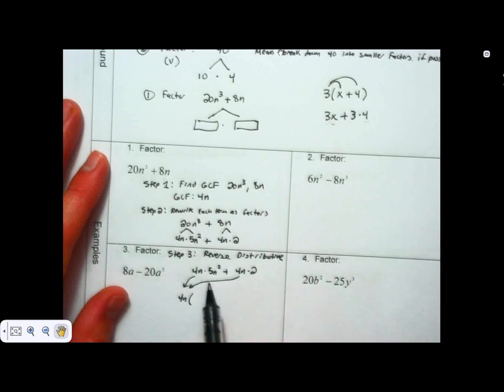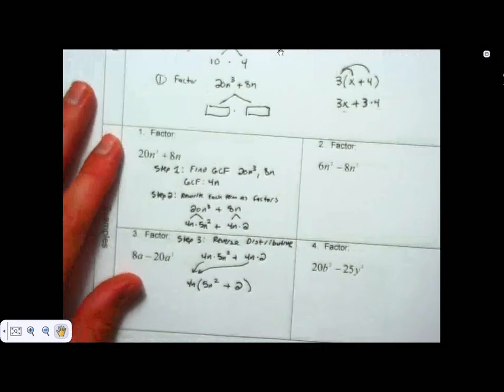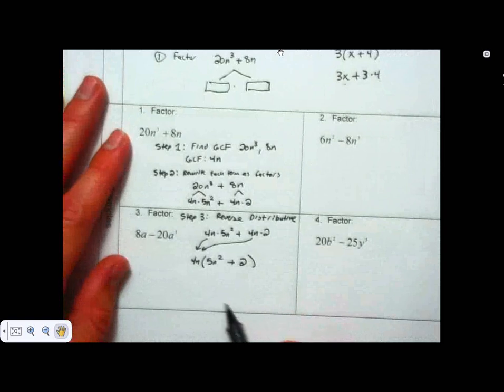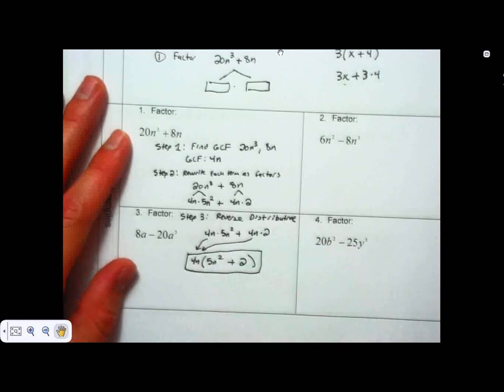And then what's left on the inside is what's left over from each term: 5n squared, plus 2. And now let's make sure that we haven't changed anything. So we're actually done. This is the answer. But let's make sure we haven't changed anything. So step 4 is to check.